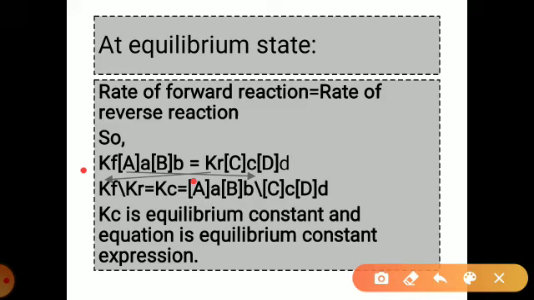So Kf upon Kr, and the A and B terms multiplying over here are divided by cross multiplication. So we get Kf upon Kr is equal to Kc, which is product upon reactant. And this Kc is the equilibrium constant or equilibrium constant expression.